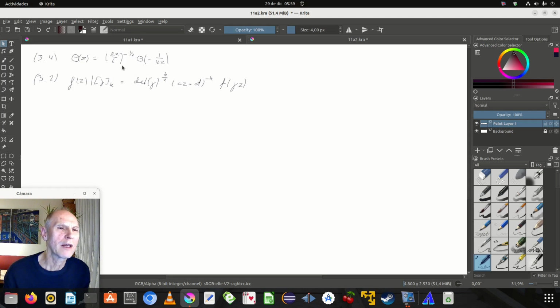I'll now write this formula using k equals 1/2. So it's the same gamma. And the determinant of gamma equals 4.